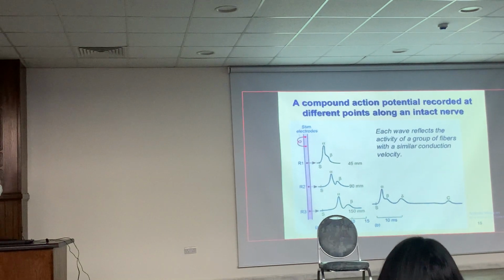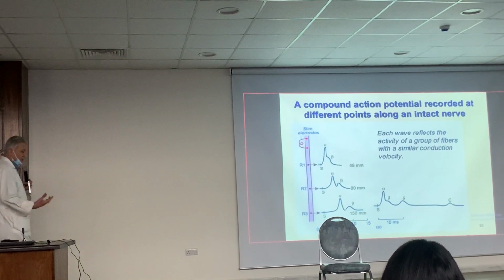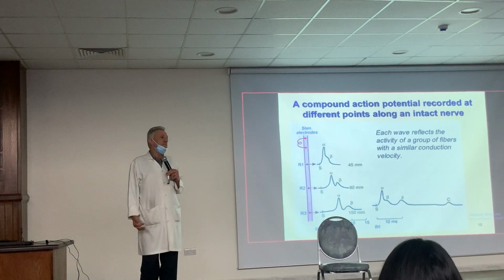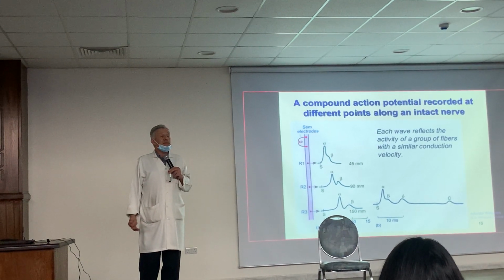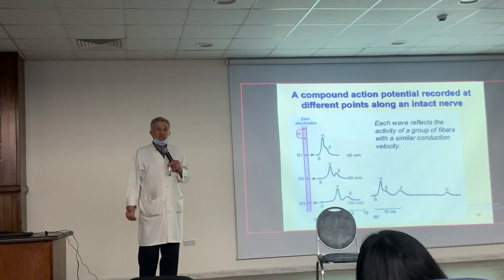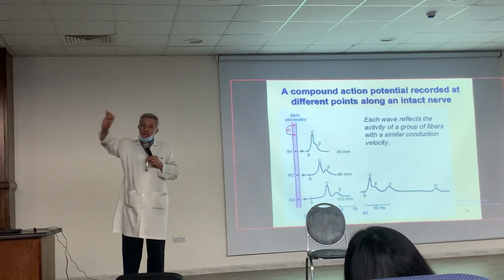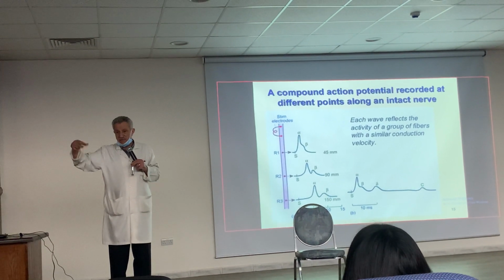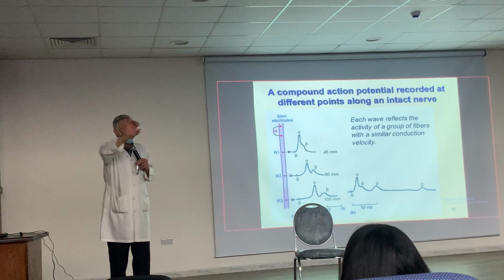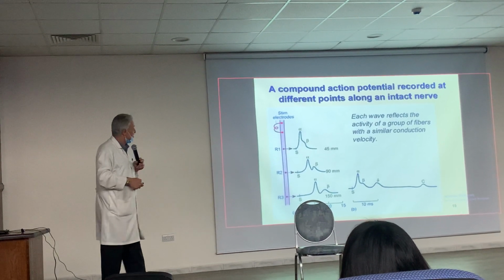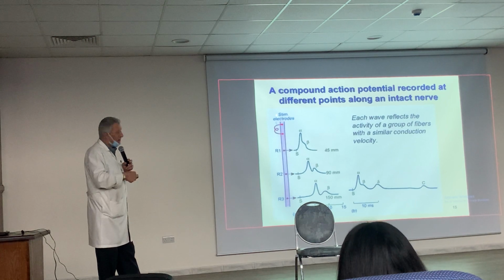Now, is it important to get this recording? Actually, we have some techniques by which we can record the whole action potential over the whole cable of nerve. You know the nerve is composed of many nerve fibers, thousands of nerve fibers.